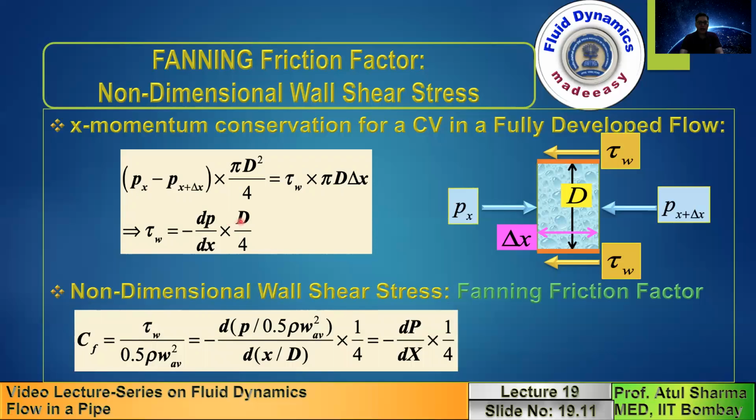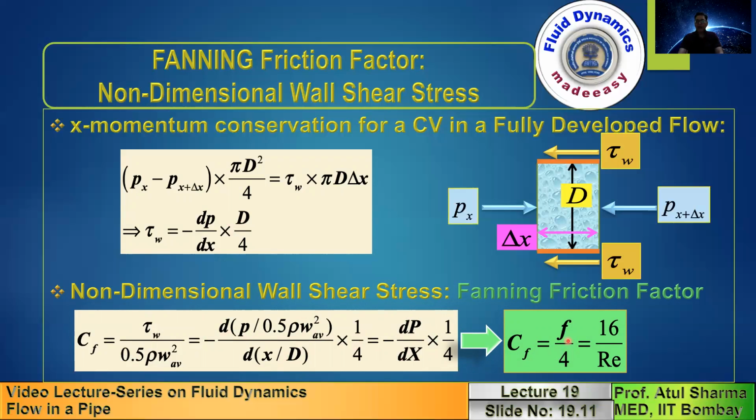So when I take D to the denominator, I'll get 1 by 4. This becomes a non-dimensional pressure gradient now, because this is a capital P and this is capital X. So I can write Cf is equal to minus d capital P by dX into 1 by 4. This minus dP by dX is the Darcy's friction factor. So here you can see that the Fanning friction factor is 1/4 of the Darcy's friction factor.